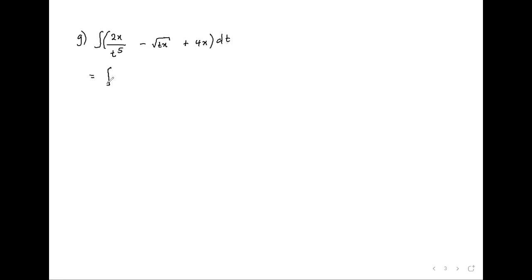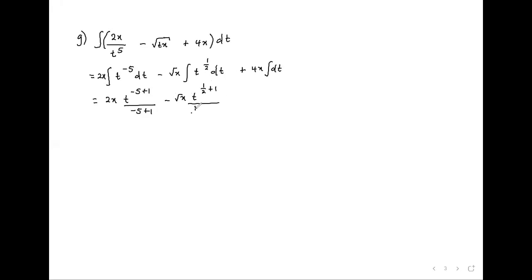This means that we can write 2x outside and have t to the power -5 dt, minus the root of x outside and have t to the power half dt, plus 4x dt, meaning that we have 2x times t to the power -5 plus 1 over -5 plus 1, minus root x times t to the power half plus 1 over half plus 1, plus 4x t, plus a constant c.